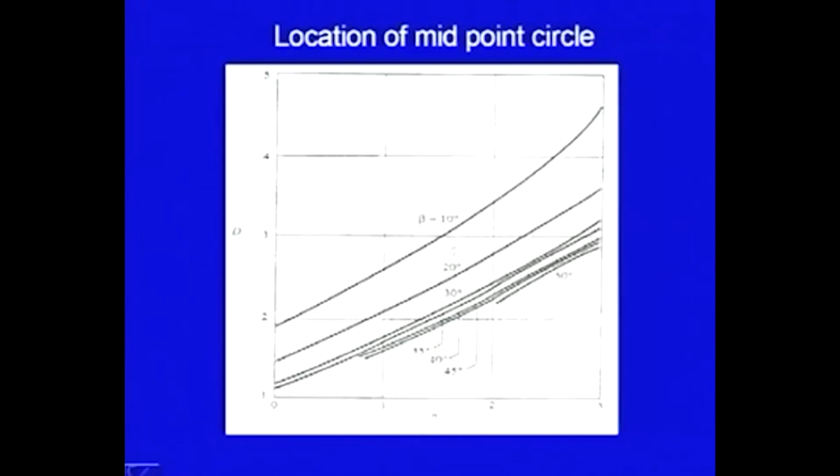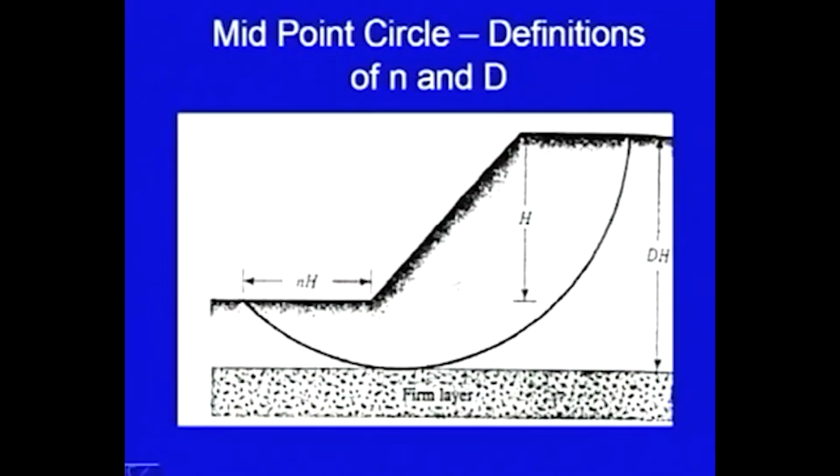So, for example, if beta is equal to 10 and d is equal to, let us say, 3, then for 10 you can find out what n is.